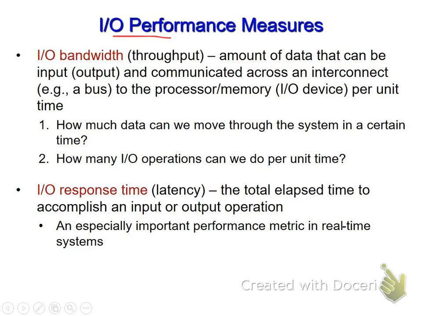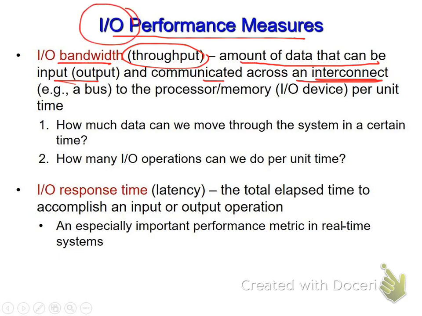There are also input-output performance measures. Input-output bandwidth is basically the throughput, and all of you know the definition of that: the amount of data that can be written or input and output and communicated across an interconnection. But now, as you can see, this is input-output performance, not memory performance.